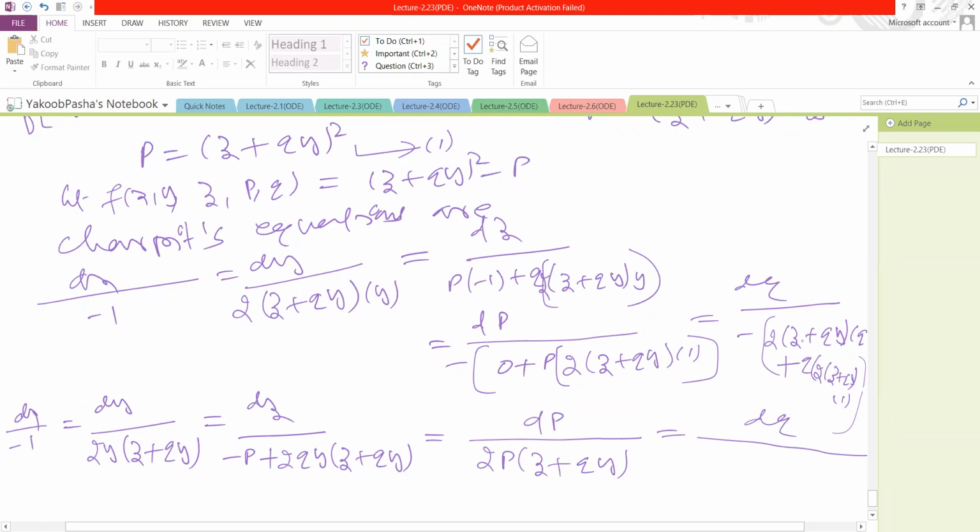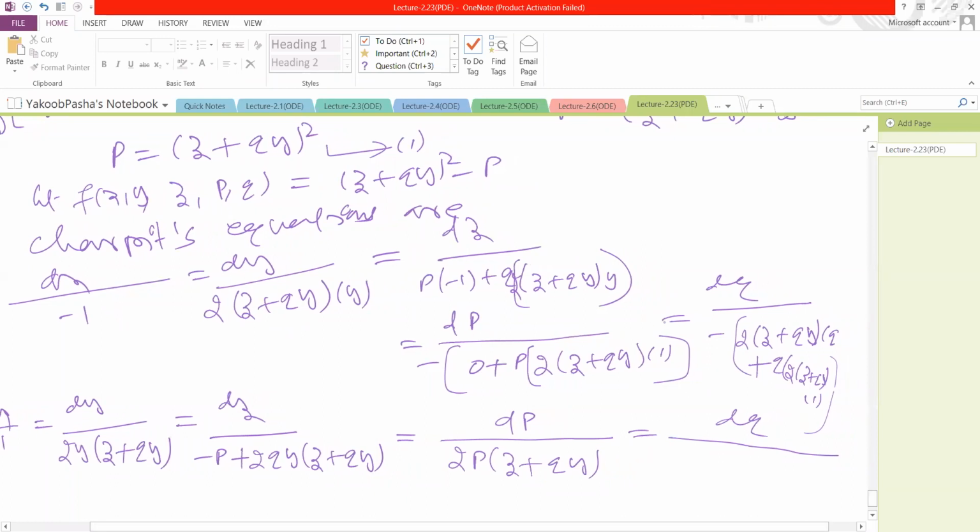Here fy, that is 2q (z plus qy), the same terms are there. One second, checking. Minus of fy means 2 into (z plus qy), only z plus qy, not into q. Okay, plus q into, I'm writing clearly, fy derivative means 2 into (z plus qy), again differentiate z plus qy with respect to y, it gives q also.